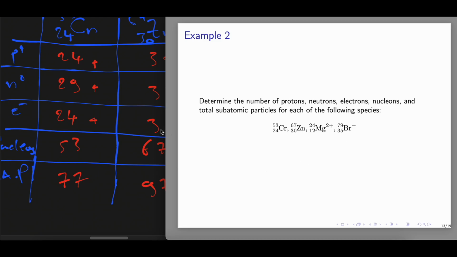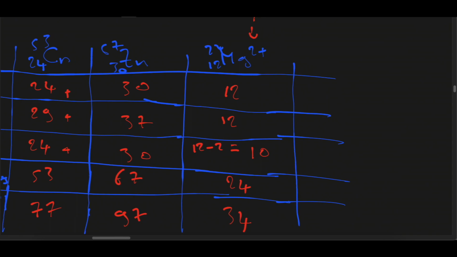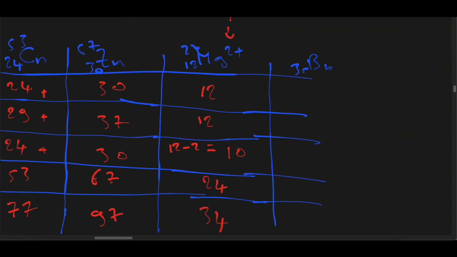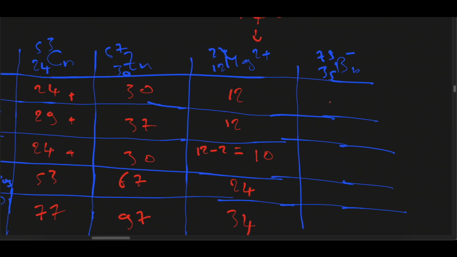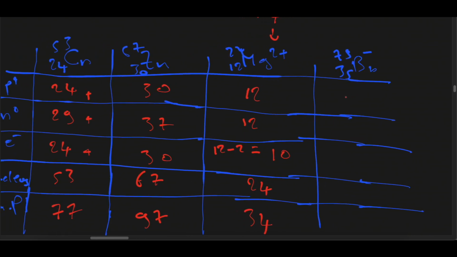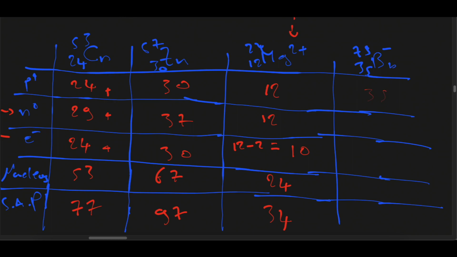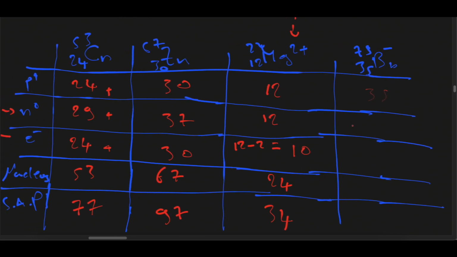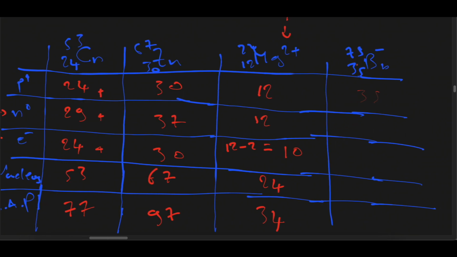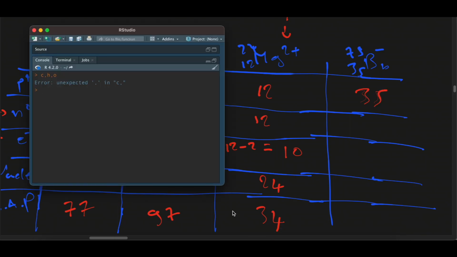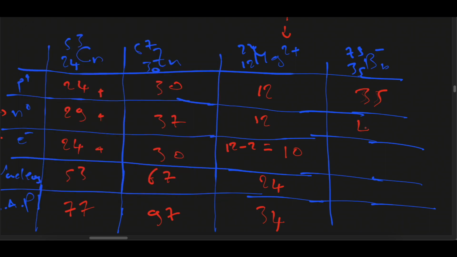is equal to 34. The last nuclide is bromine 35, 79, with a charge of -1. Here the number of protons is equal to 35. The number of neutrons is 79 minus 35, which is 44.